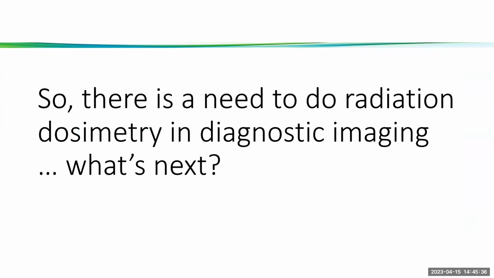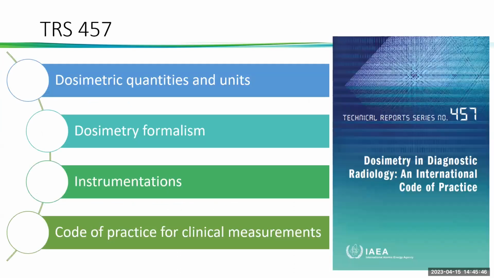So I hope that I have convinced you that there is a need to do radiation dosimetry in diagnostic imaging. So what next? For dosimetry in diagnostic radiology, this document, IAEA TRS 457, is an excellent document to guide us.